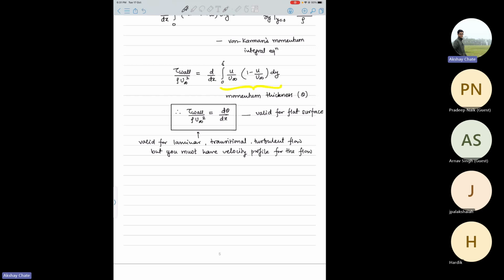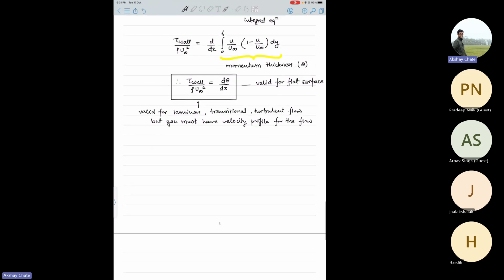So what I mean is, if you remember, in the last class we derived, for laminar flow, this is just a recap of the last class, for laminar flow with boundary conditions, at y equal to 0, u equal to 0.